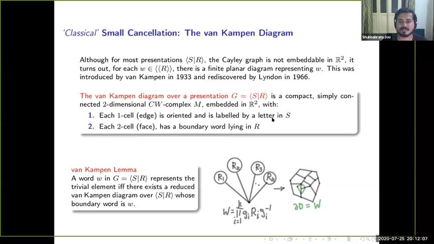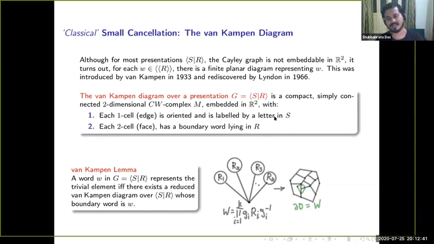Then we come to this thing called a van Kampen diagram, and here we see what this diagram is. It is a compact, simply connected two-dimensional CW complex in R^2, where each one-cell, which are edges, is oriented and labeled by a letter in S. Here we have the generating set S, which means it's a symmetric generating set.